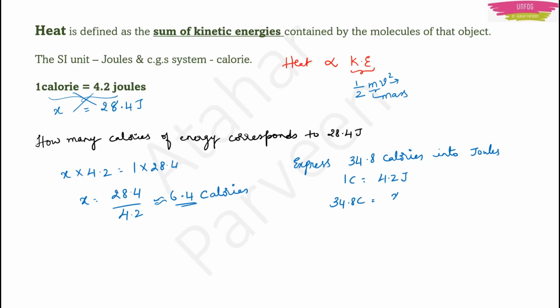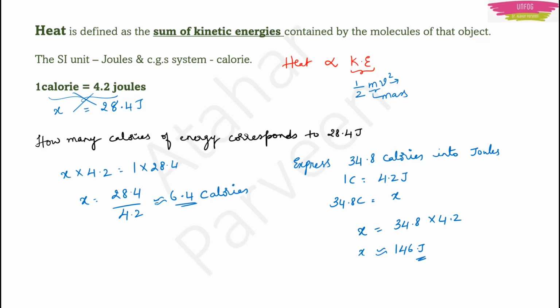You have to convert it into joules. So you put it as X. X will be equal to 34.8 into 4.2. This will be equal to around 146 joules. Okay, so this is how you can convert energy with different units.